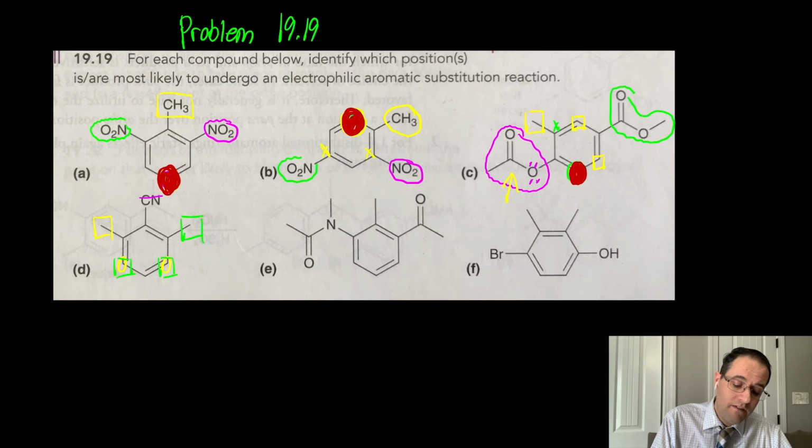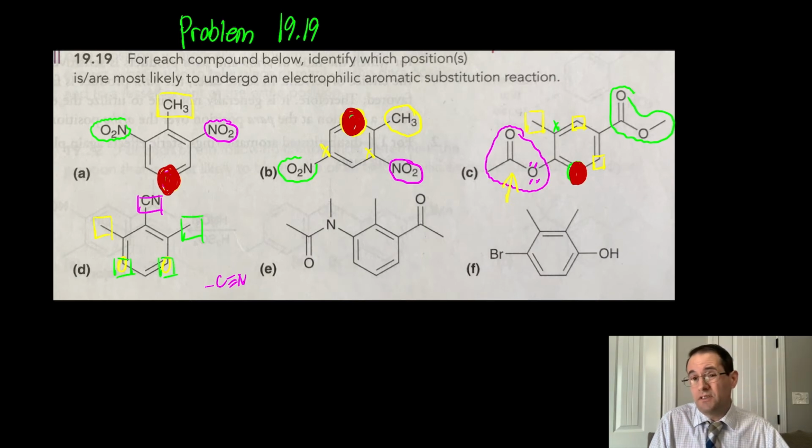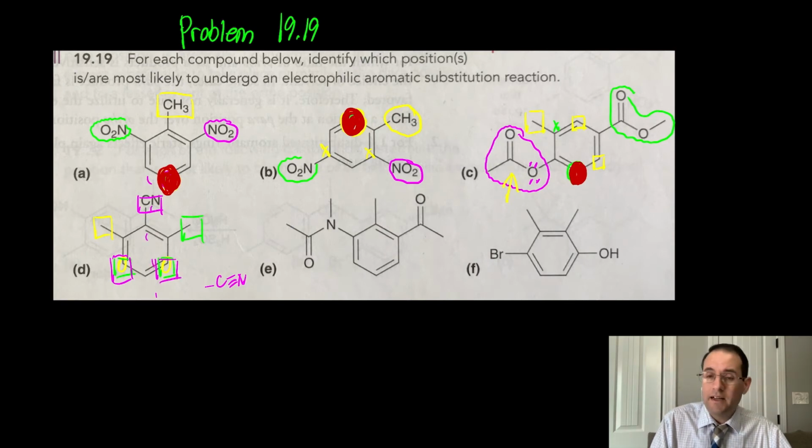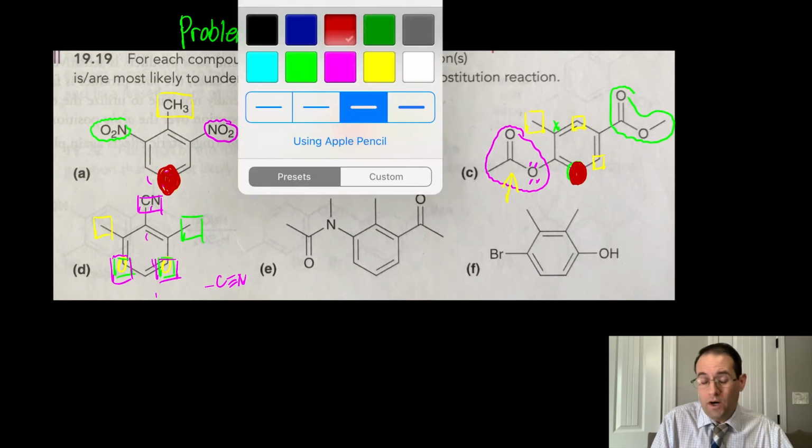And then we have a cyano group. A cyano group, remember, is a carbon-nitrogen triple bond. That's your pi bond, which is considered to be an electron withdrawing group. So that's going to be a meta director, and those two are meta carbons.